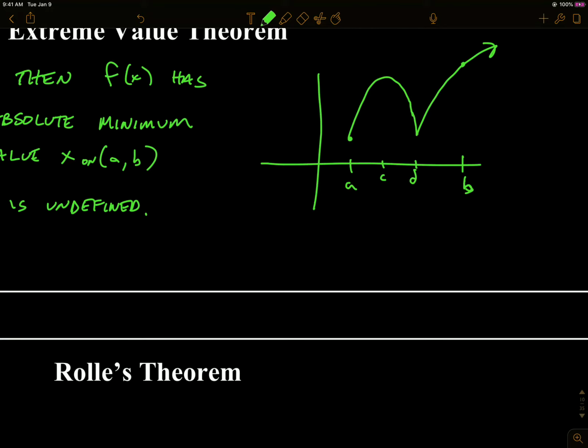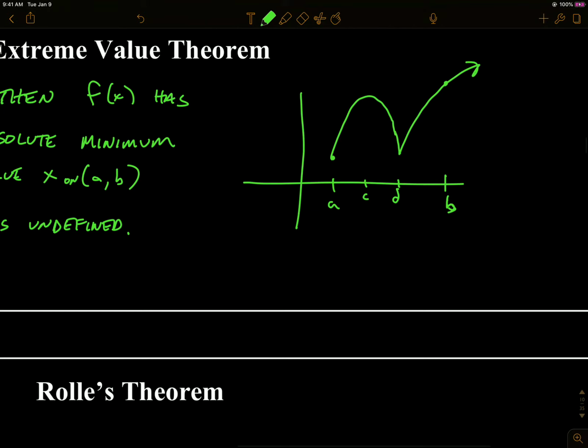So we can say, on this interval a to b, the closed interval, that this is an absolute maximum. And then for our absolute minimums, we've got one here, and we also have one there. And this is a relative maximum, but it's not an absolute. The theorem just talks about absolutes, so we wouldn't include that one there. But I do like to point it out. This is our absolute maximum because it's higher than our relative maximum.